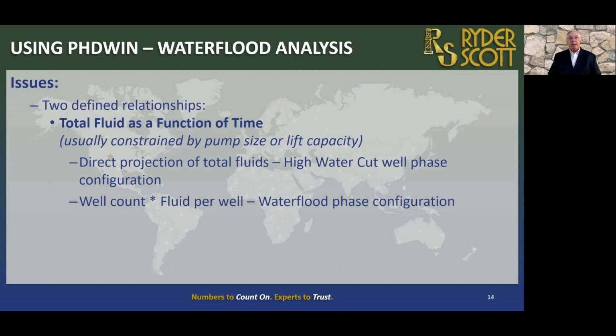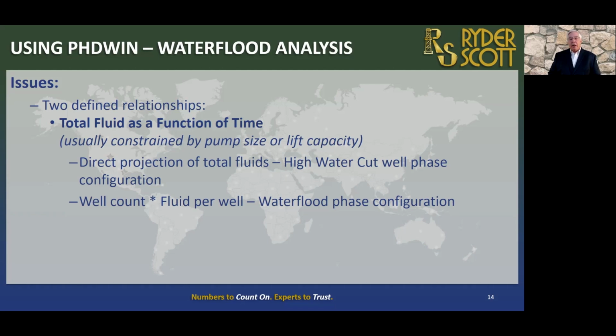For a water flood analysis, we will utilize the well count multiplied by the fluid per well to derive the total fluids. In the case of using the high water cut single well analysis, we'll use the total fluids and utilize the direct projection of the total fluids.